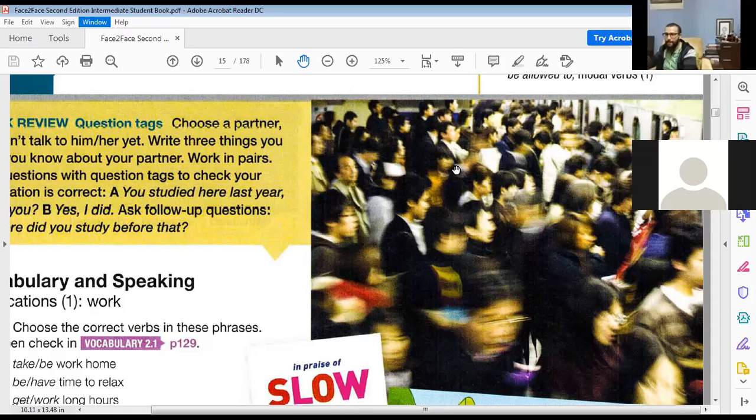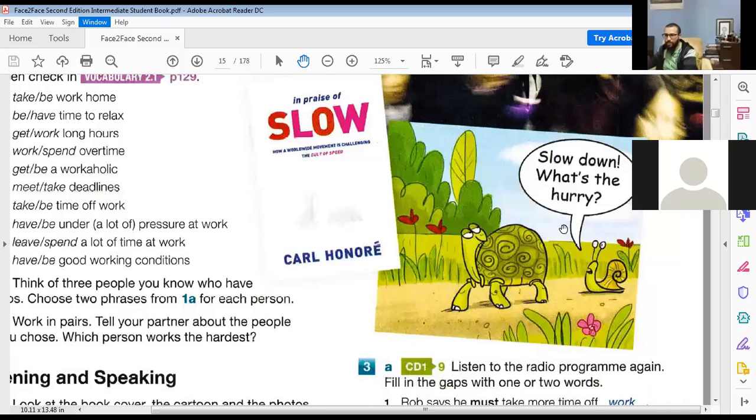Okay. And what do you see in this photo, the second photo? A snail and a turtle. Is it a turtle or is it a tortoise? The two are slow, but one is slower than the other.